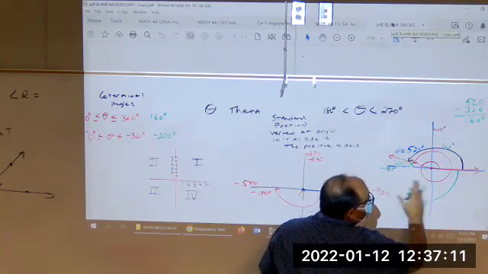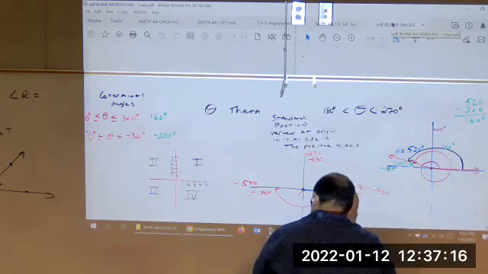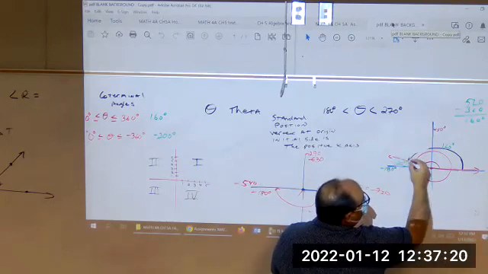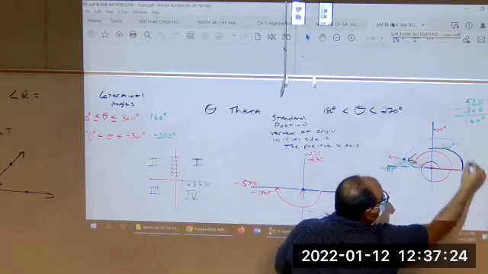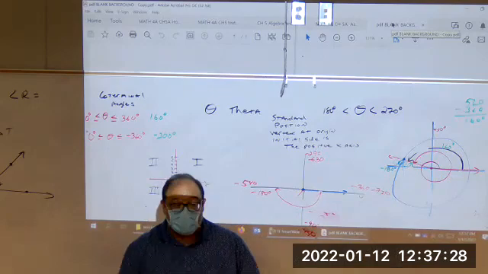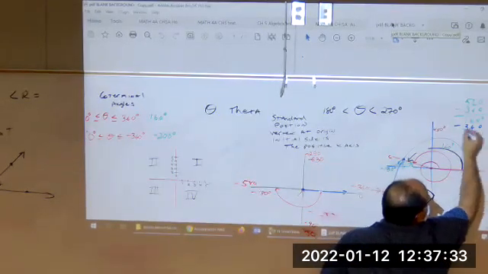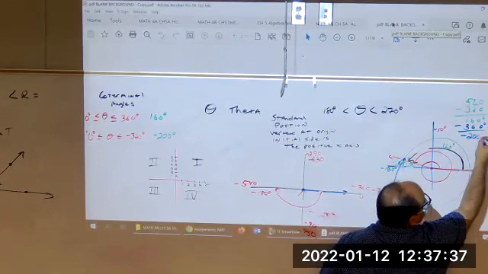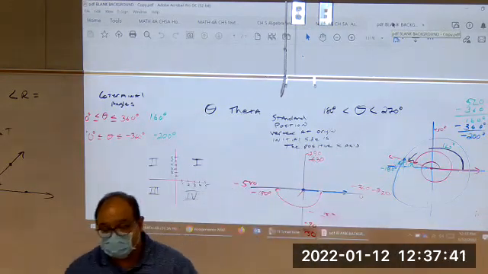So if we're at 160, right here, at the 160 mark, all you have to do is take away 360 to get right back to that same spot. Take away another 360. Positive 160 minus 360 is -200 degrees. Keep subtracting 360 degrees.